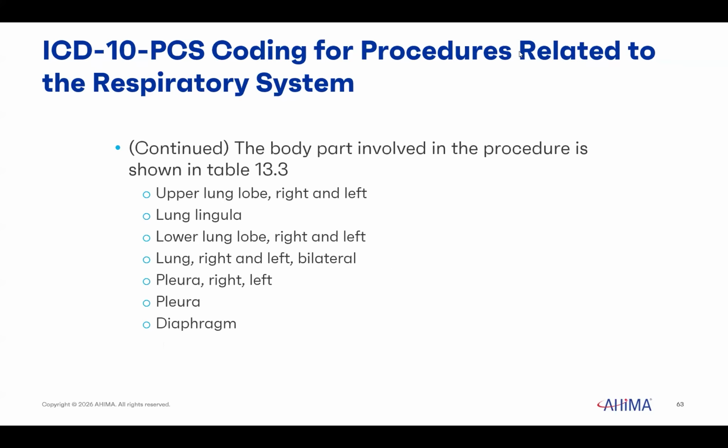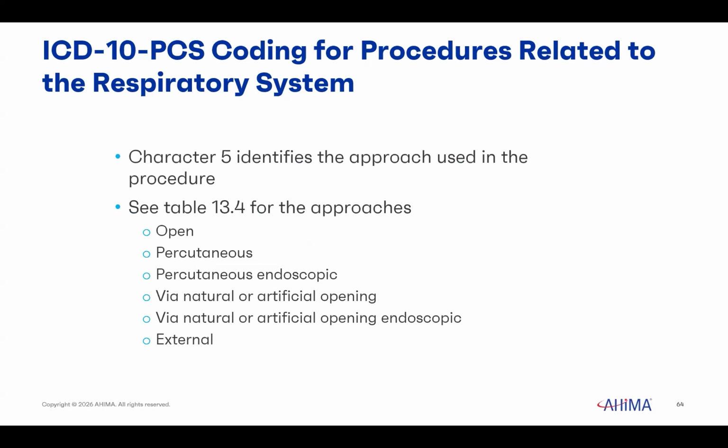And again, you see some of them right here, upper lung lobe, right and left, lung lingula, and so on, diaphragm, pleura right and left. All these things will affect the procedure code. Now we get into approaches, and the most commonly used approaches are the via natural or artificial opening, endoscopic, right?